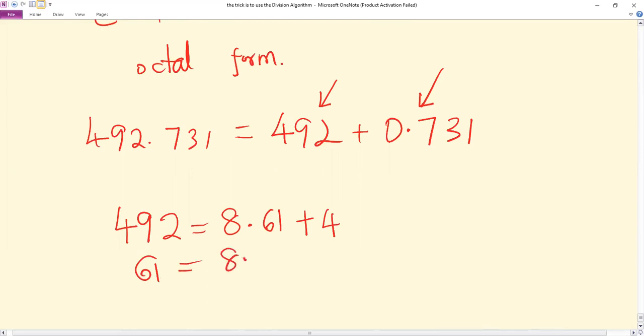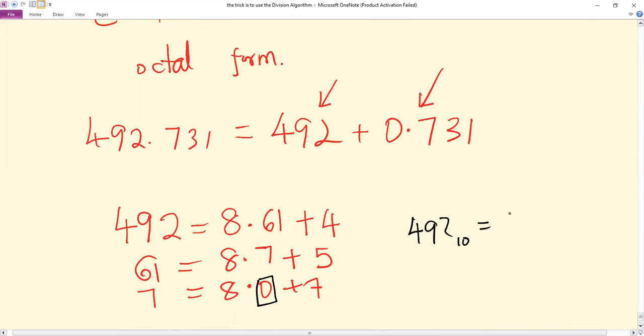Then 8 divides 61 7 times, and the remainder is 5, and then bring 7. 8 divides 7 0 times, and the remainder is 7. Because of this 0 quotient, we stop and say 492 in base 10 is the same as 754 in base 8. So this is the integer part.